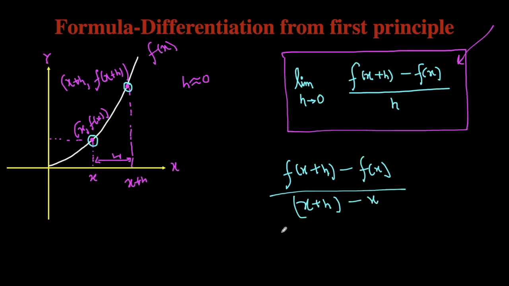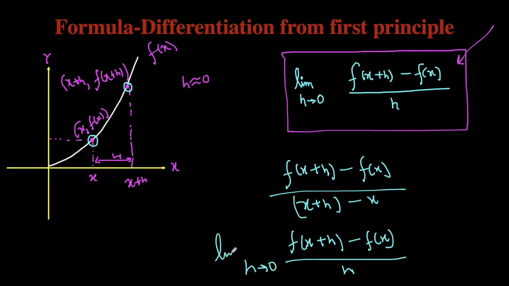If you simplify further, you will get f of x plus h minus f of x over h, because x and x will be cancelled out, and this is true only when h approaches 0, and we write limit here. So this is the way you can derive the differentiation from the first principle. Actually it is the calculation of the slope when the h value is close to 0. Hope you understand how to derive the formula for differentiation from the first principle.